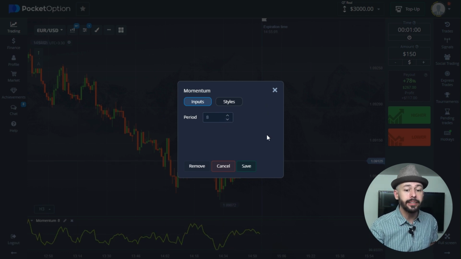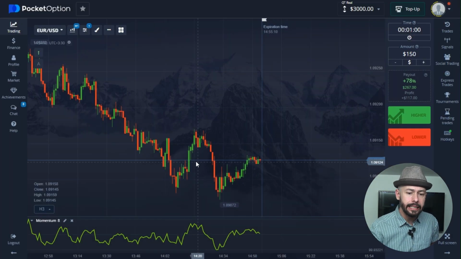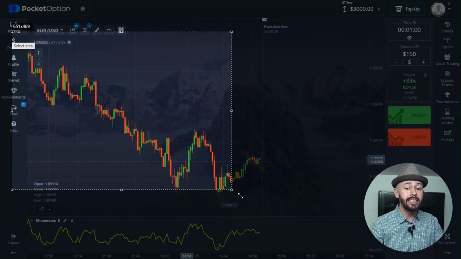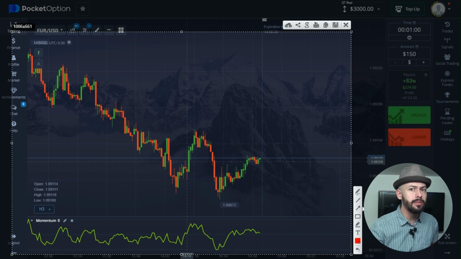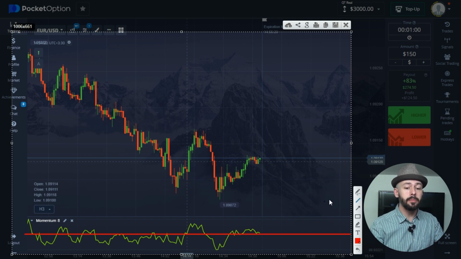The momentum indicator in essence has two main signals for opening a deal. They are tied to the position of its curve relative to the mark with the number 100. It's right here. Crossing this line gives a signal about the possible market movement. When the indicator curve crosses this line from top to bottom, as it did at this point, it gives us a signal about a possible rise.